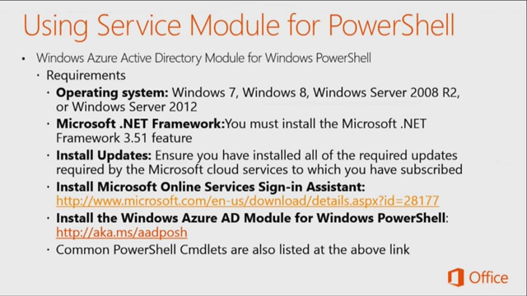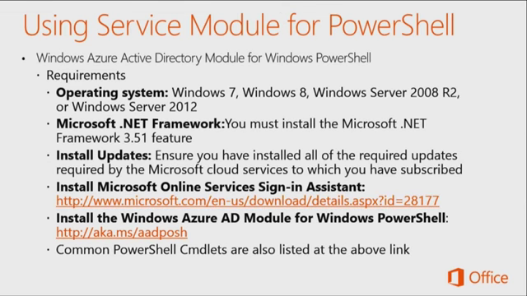Must have .NET Framework 3.5.1. Must have Office updates or install updates, Windows updates, and Microsoft Online Services Sign-In Assistant needs to be installed. And then there's a link here for downloading and installing the module for PowerShell. Okay. So this is an add-on to PowerShell to allow it to connect to Windows Online.